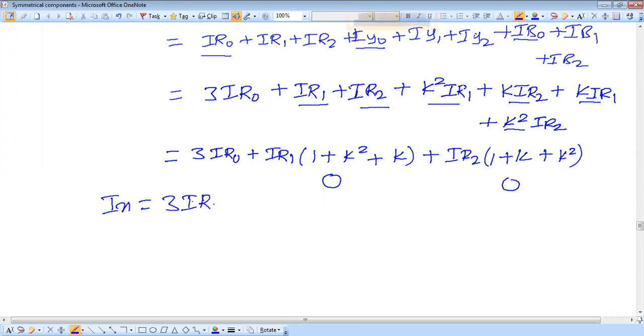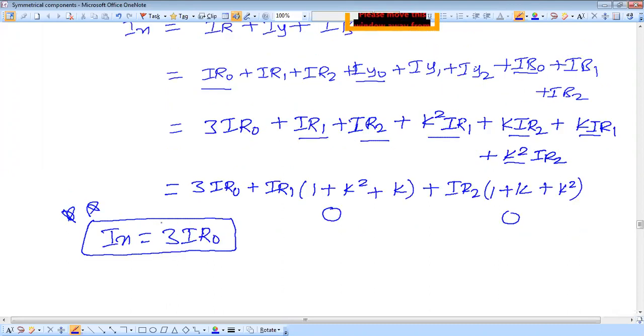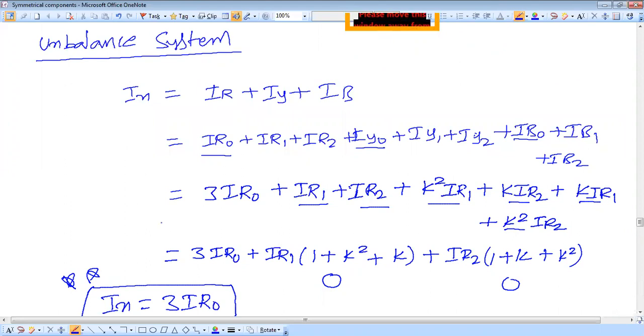This is a very important conclusion. Many textbooks give it directly, with no derivation. In the IES exam, they may ask for the derivation. This is IN equal to 3 times IR0. In case of unbalanced system, how much current will flow in the neutral? That is 3 times IR0. It may be IR0, IY0 or IB0.